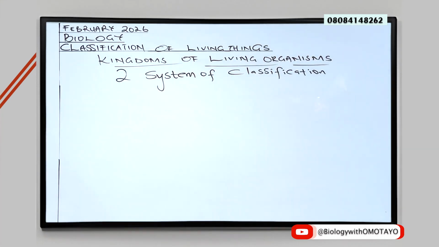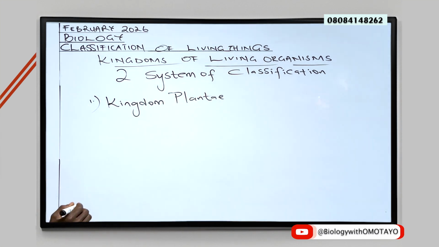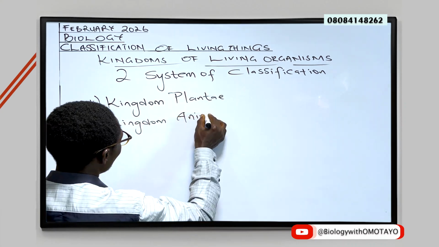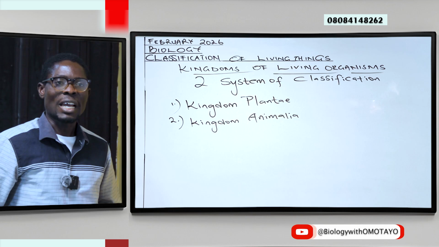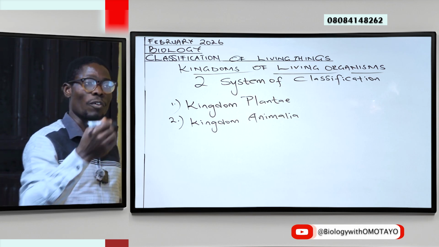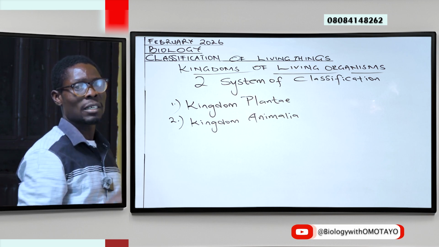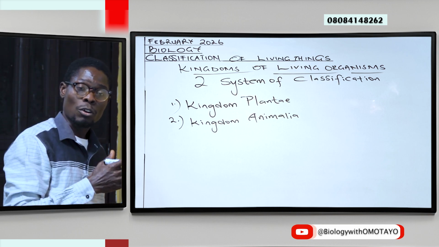Now, for the two-kingdom system of naming or classifying living organisms, we have, as said by Linnaeus, 1 and 2. Last class, I told you that whenever you are writing the kingdoms, the first letter is to be in capital. Same for most of your groups.